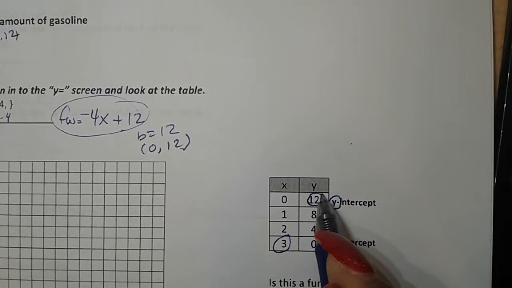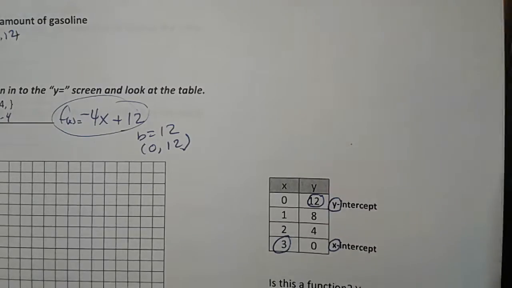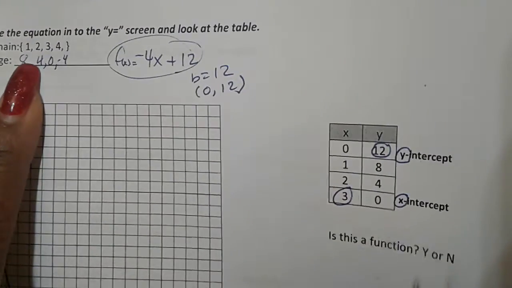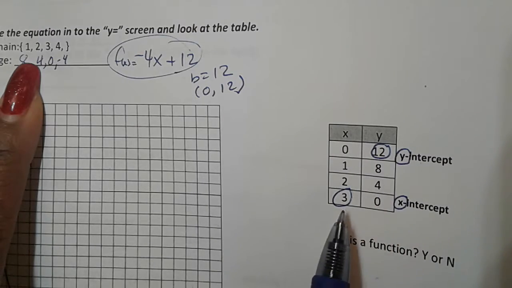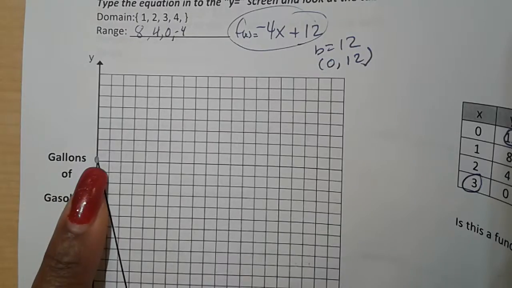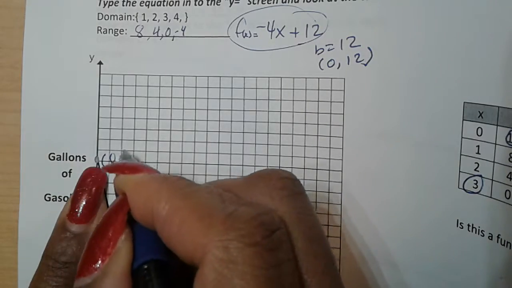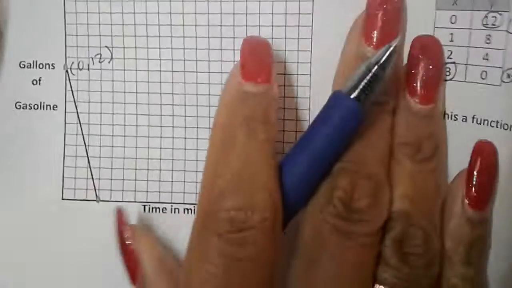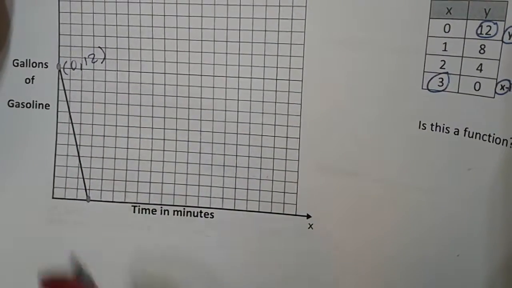The y-intercept goes in the y spot. Okay, good job. Now, that means when I look at the graph, I should have 12 on the y-axis and 3 on the x-axis. Let's check that. Is that 12? Yes, it is. Is that 3? Yes, it is.